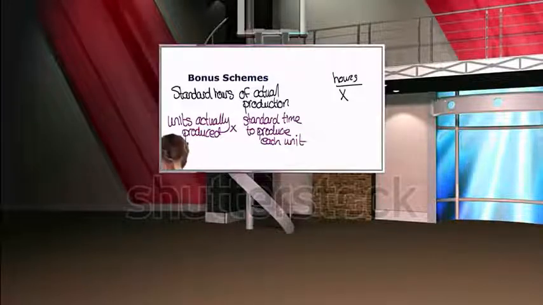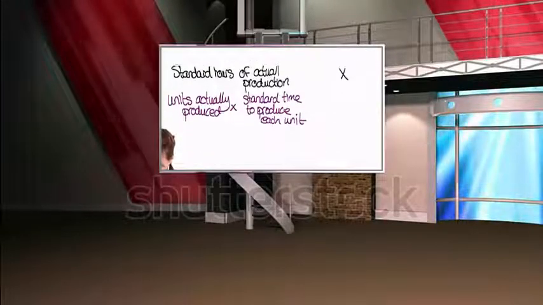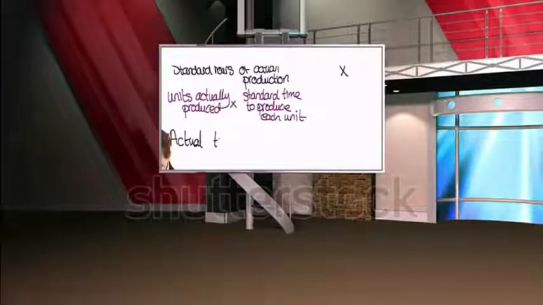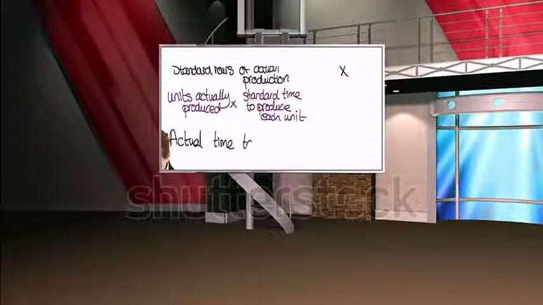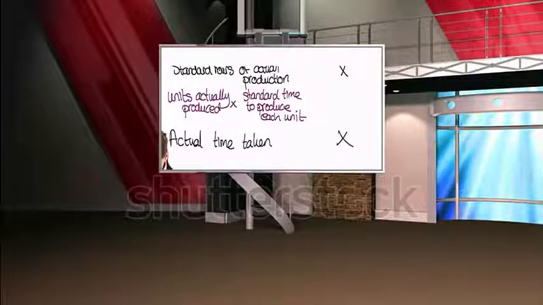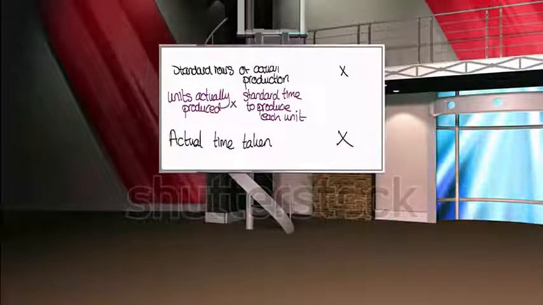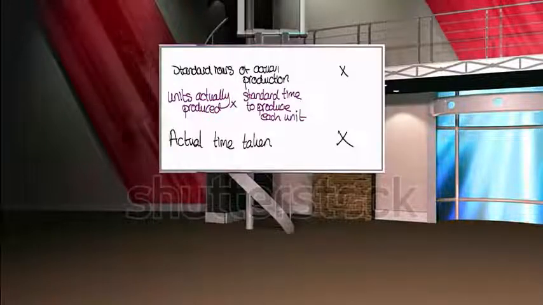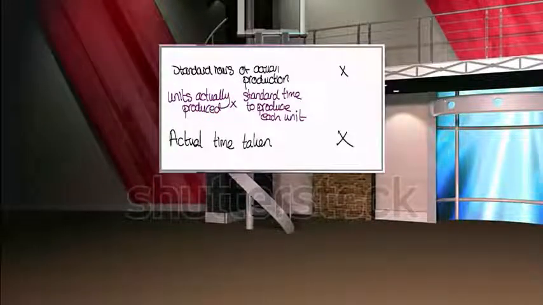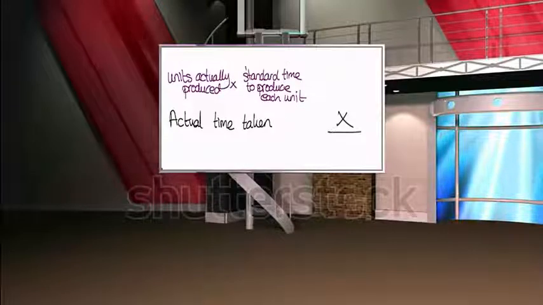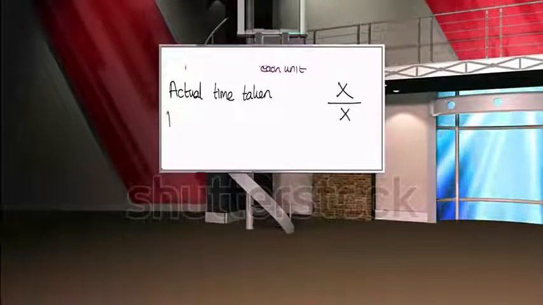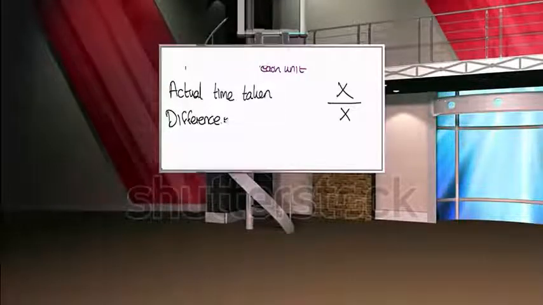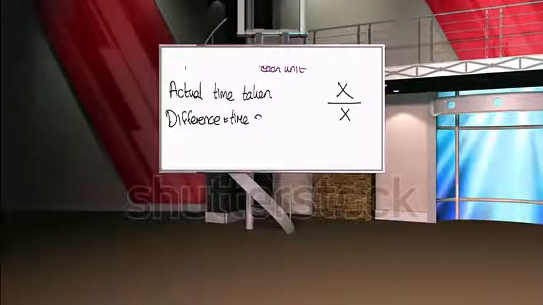Once we've calculated that, then we look at the actual time taken. So the actual number of hours they have spent working on these units. We just compare these two figures and the difference between the two is the time saved.